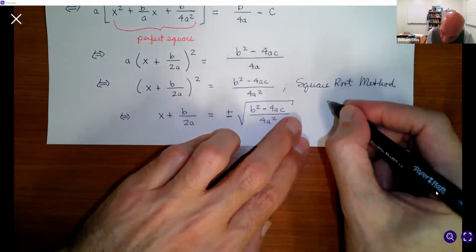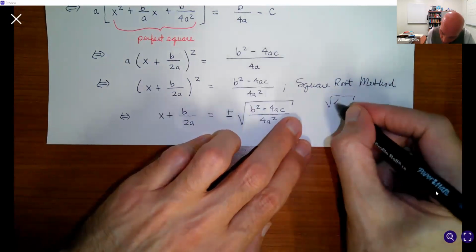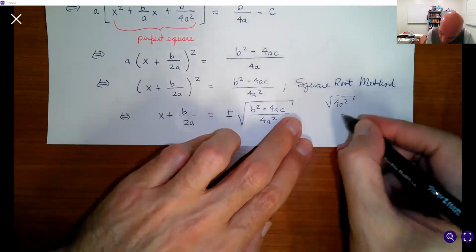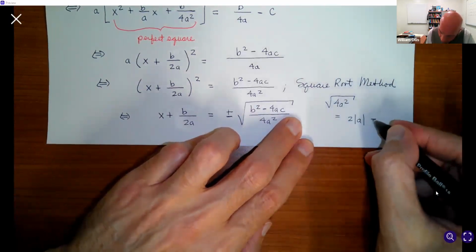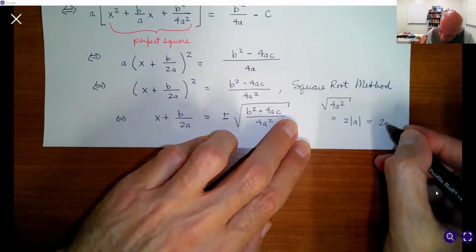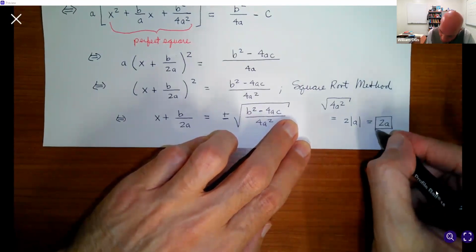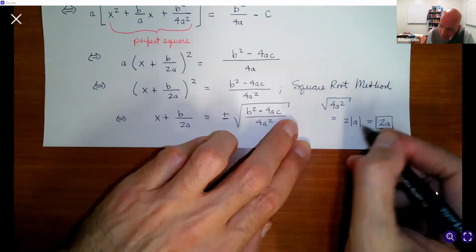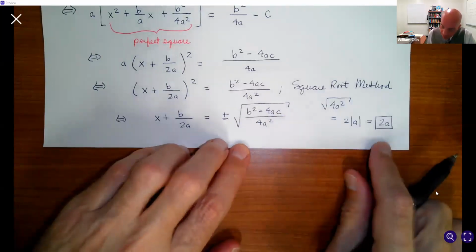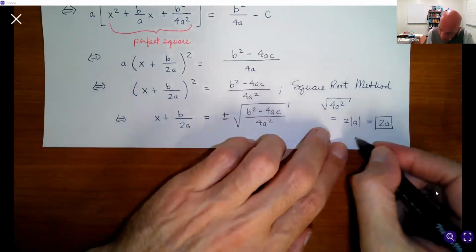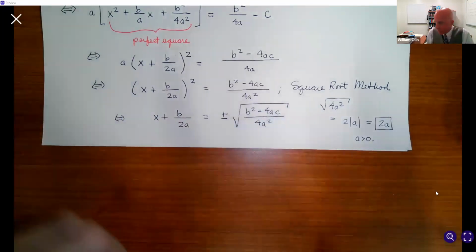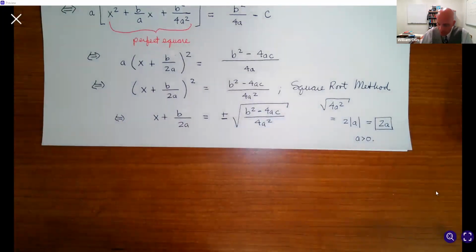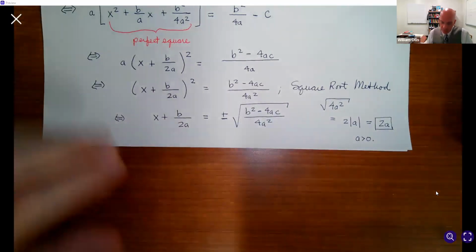So now when we do the square root of 4a squared, this by definition is 2 times the absolute value of a, but a is positive. So we're going to get some work with absolute value, and I'll say a whole lot more as to why this is true. But that's the convenience that we had at the beginning because a was positive. Again, that just makes our work a little easier. We don't have to deal with so many pluses and minuses.